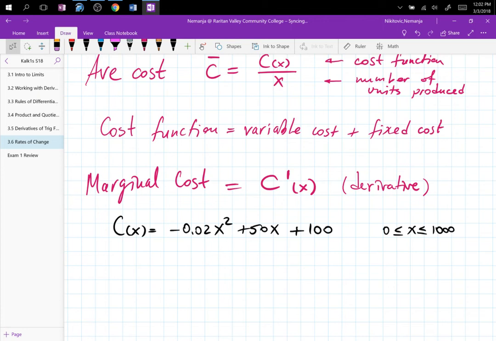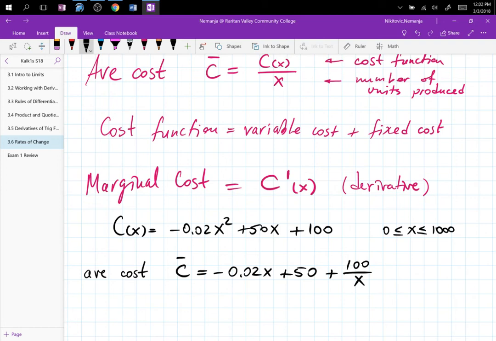So let's find the average cost first. Average cost is C bar, and you get that when you divide your cost function by the number of units. So you're dividing by x. So we get negative 0.02x plus 50 plus 100 over x. So this is your average cost function.